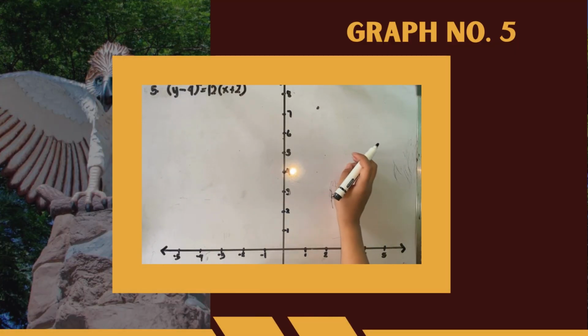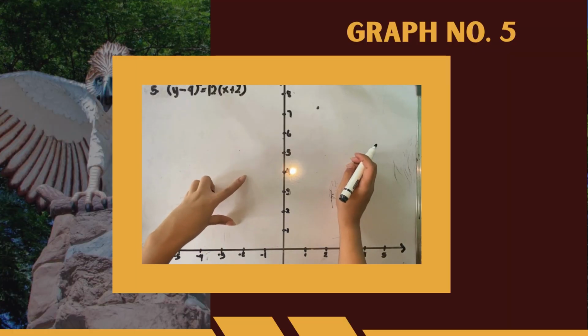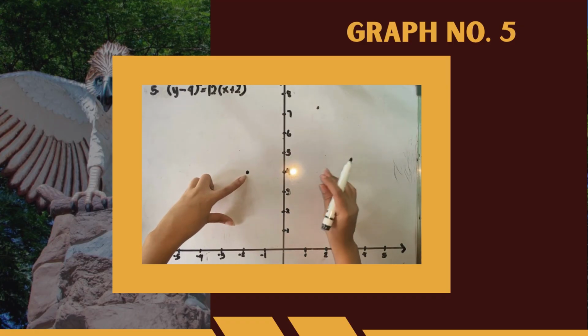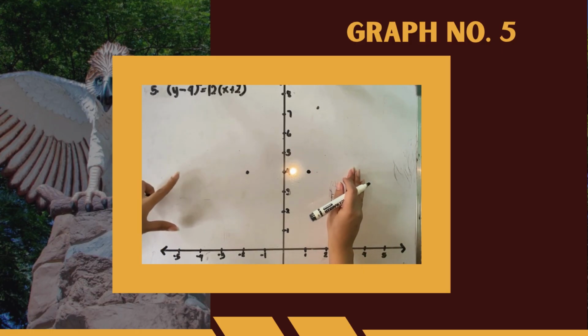And now let's graph our last item. We have to locate first the vertex, which is (-2, 4), so here. For our focus, which is (1, 4), so here. And for our directrix, it says x = -5, so here.